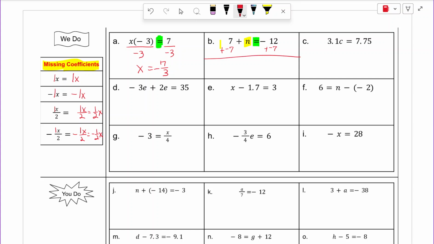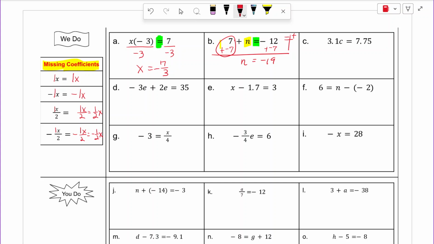You could also subtract 7 from both sides. Now it's a little confusing, so I'm going to stick with the first way on this one. 7 plus negative 7 is 0, and n is by itself. And negative 12 plus negative 7 is negative 19. Remember, use your t-charts to get it straight.